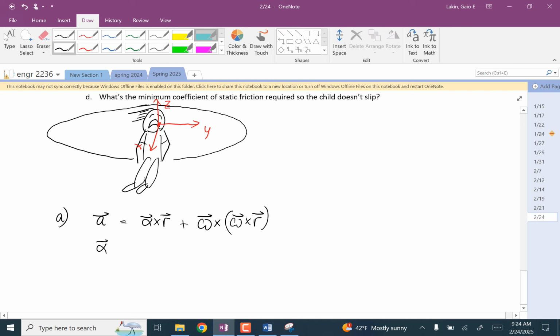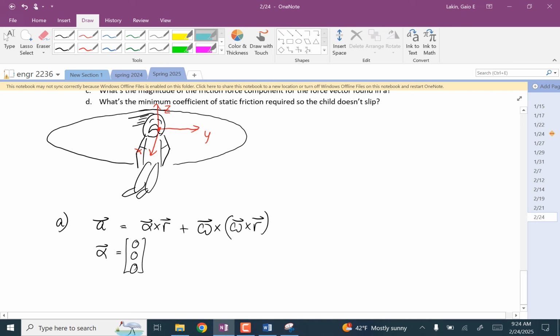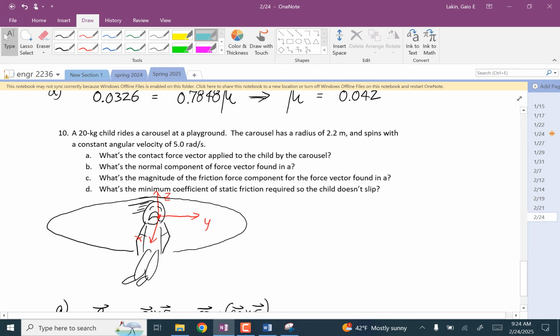And the angular acceleration is 0. We have to choose an angular velocity direction. It doesn't say. So let's call it this way. That's 5 radians per second. Oh my God, this kid is going really fast. No wonder he's so upset.